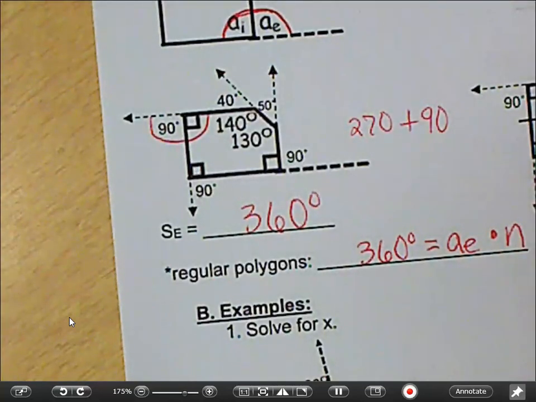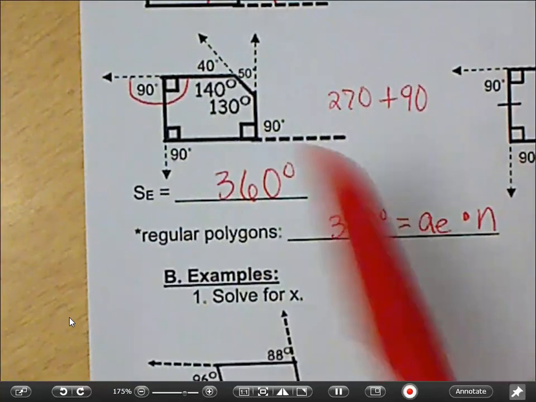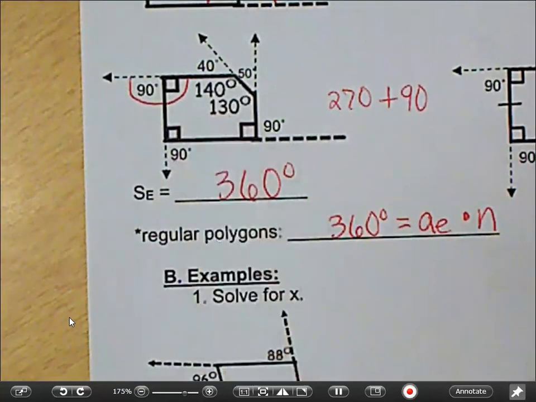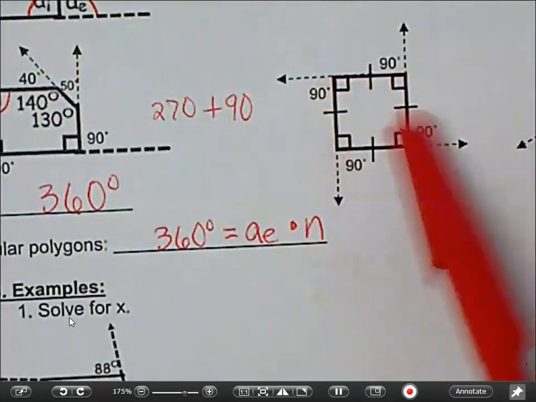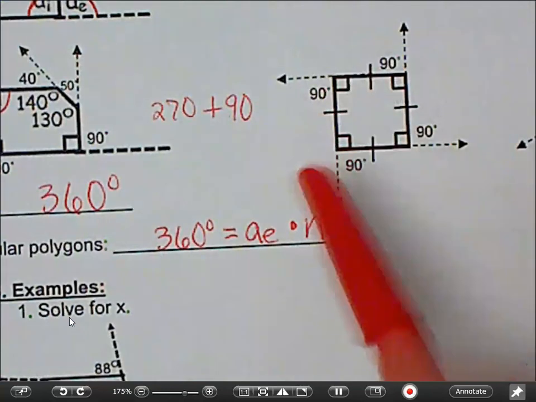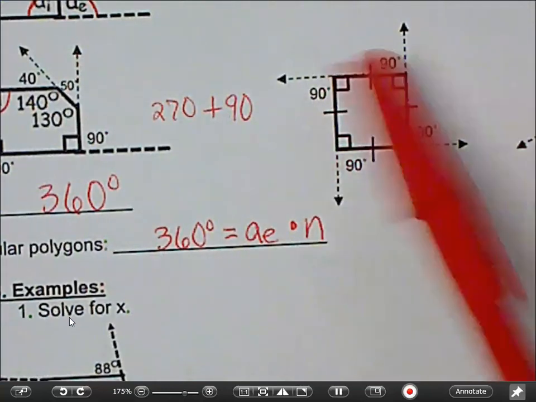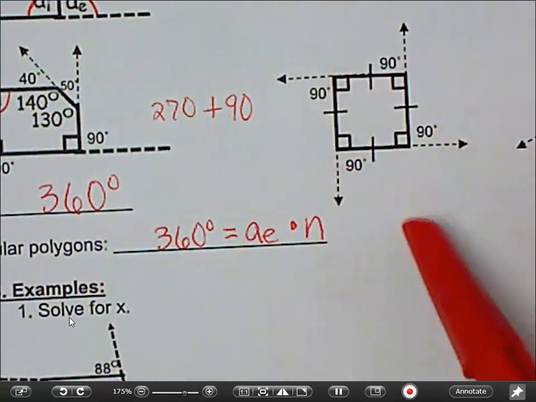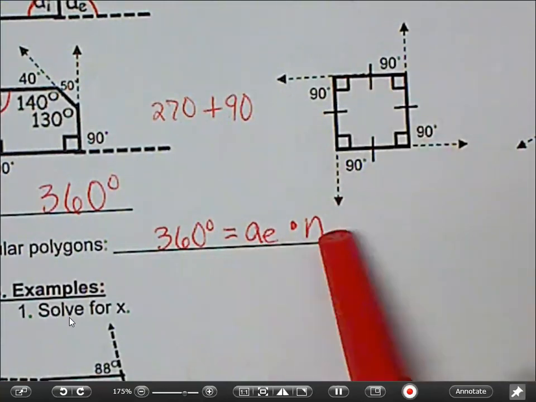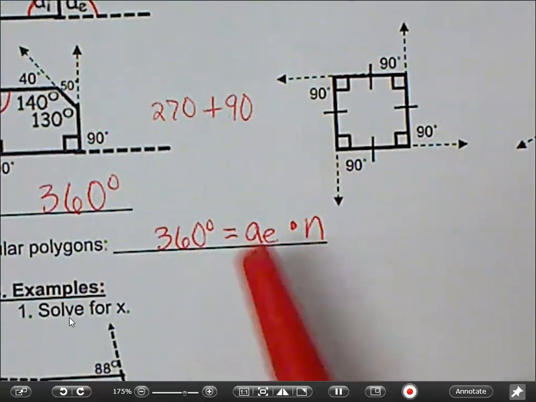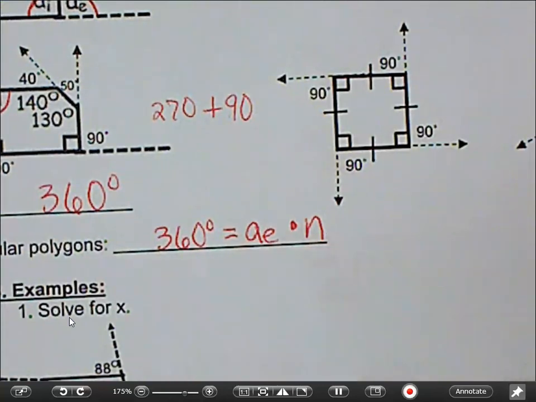For instance, it doesn't so much work for this one because this one's not a regular polygon, but this one it certainly does. You've got a nice square. All four of the angles are equal in value. All four of the sides are equal in value. So you've got 1, 2, 3, 4 exterior angles, each measuring 90 degrees. So it's like you're taking 90 degrees, multiplying it by how many there are. 90 times 4 gives you 360.